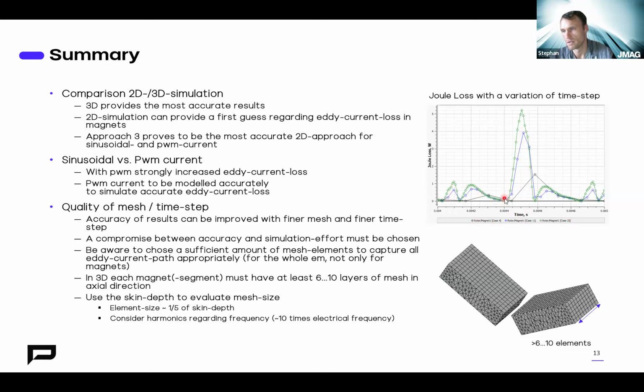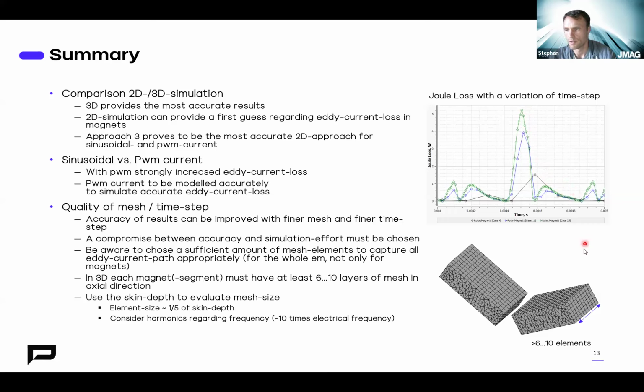Further simulations have shown that if you further reduce the time step, there are still some minor improvements in the joule loss curve, so that there is some more joule loss considered if you further decrease the time step.